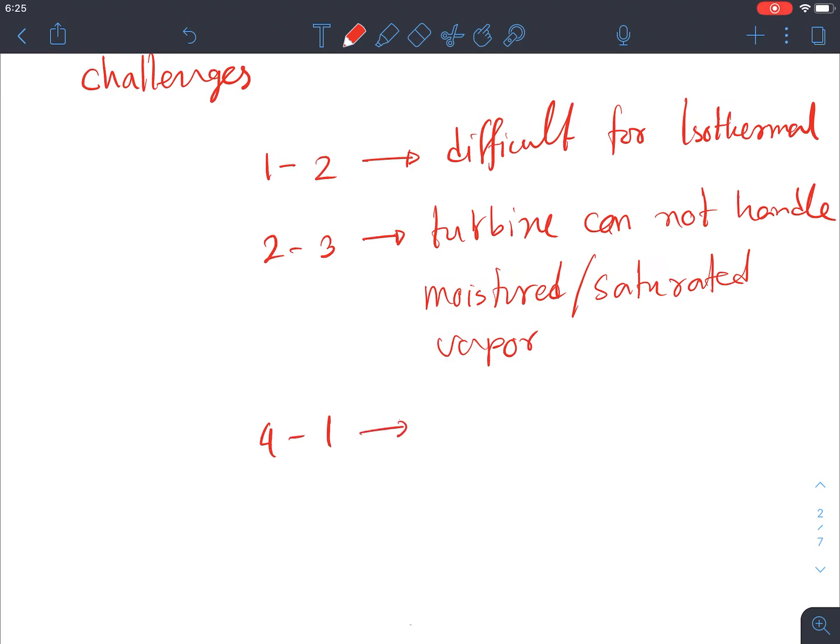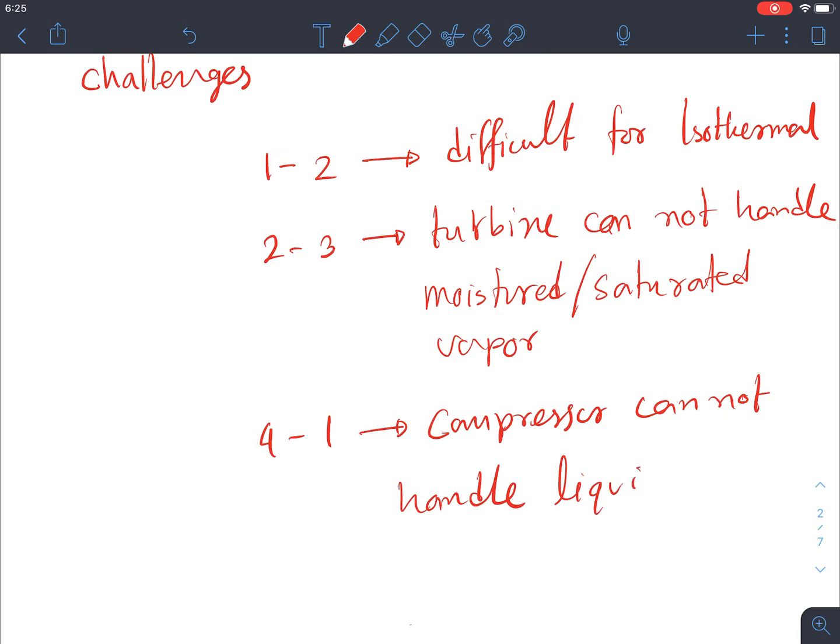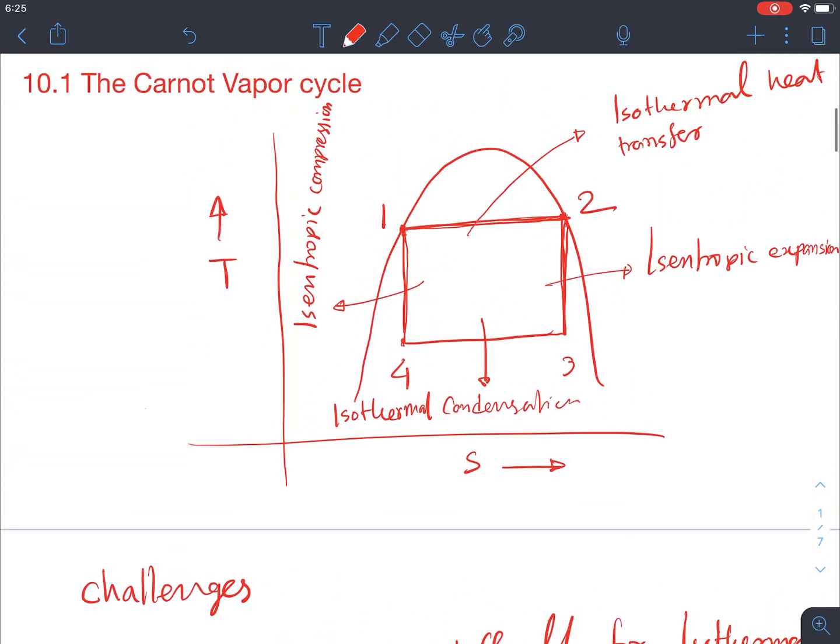And then for 4 to 1, the compressor cannot handle liquid-vapor mixture, right? So those are the difficulties or impracticalities of the ideal Carnot cycle.